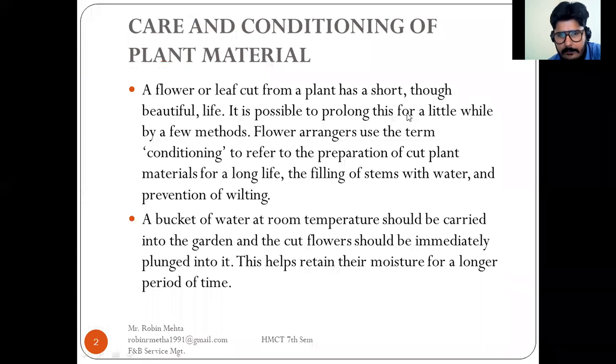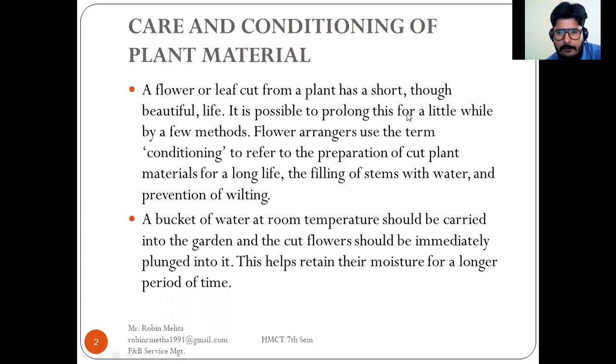There are so many ways, so many materials we can use to give care and conditioning to the plant material and to the flowers also, by putting them into water, or by cutting them according to the way that particular plant has to be cut, by putting them immediately into water after taking them from the garden, then putting in chemicals required for that particular plant, and by giving proper sprays to them. Okay, we give a long life to them.